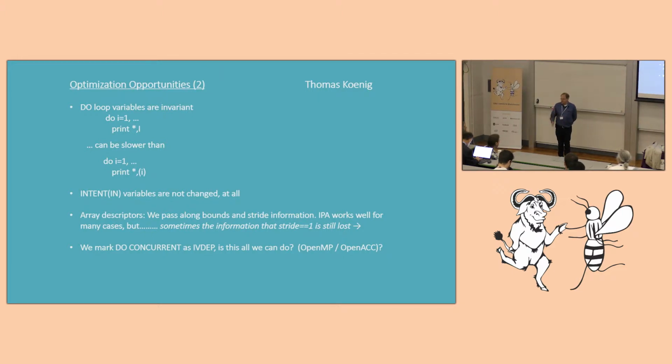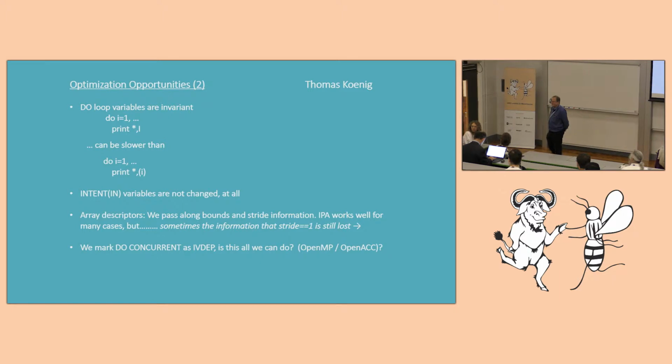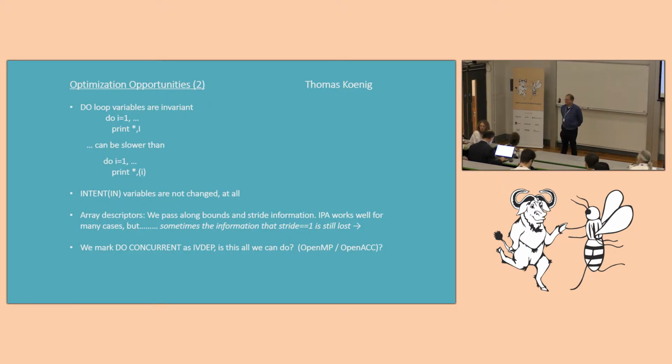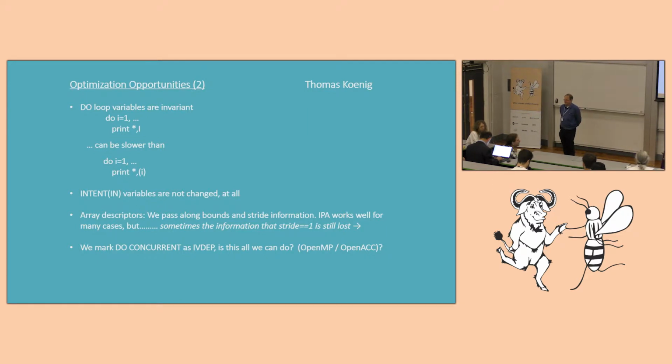So, question to the audience. Well, for OpenMP, for instance, there are basically two levels. One is the SIMD loop where the user just says there are no backwards dependencies and there can be forward dependencies. That's one possibility, and you can also say how many iterations next to each other have this property, up to a maximum.